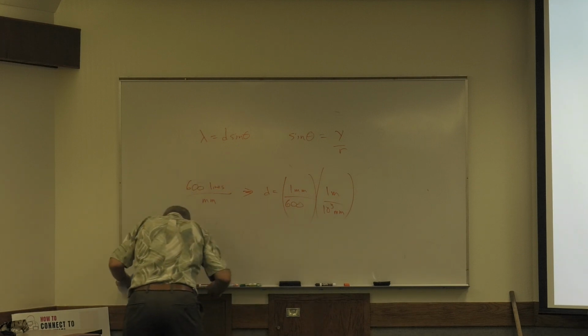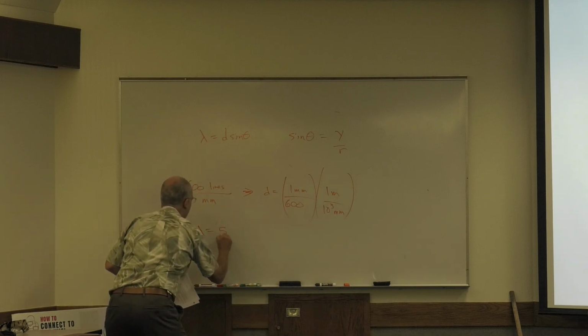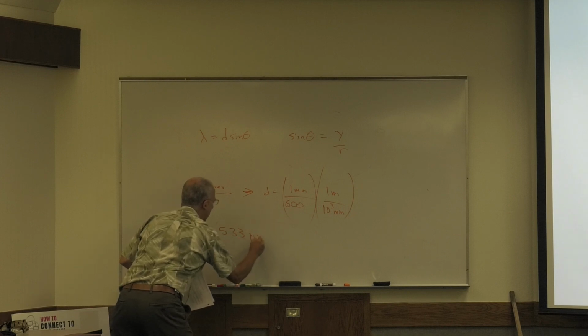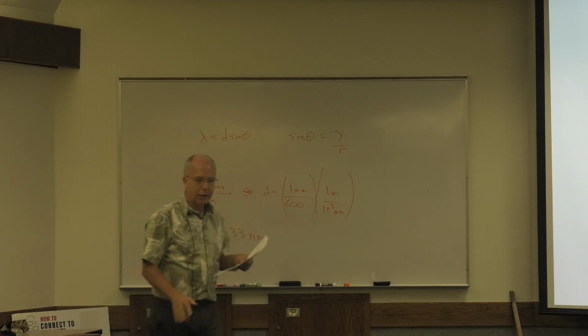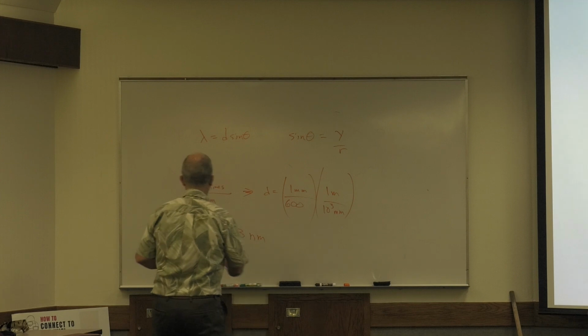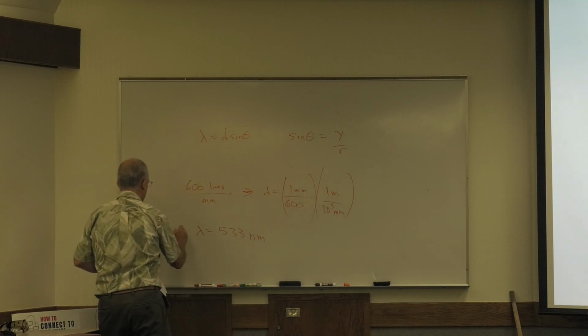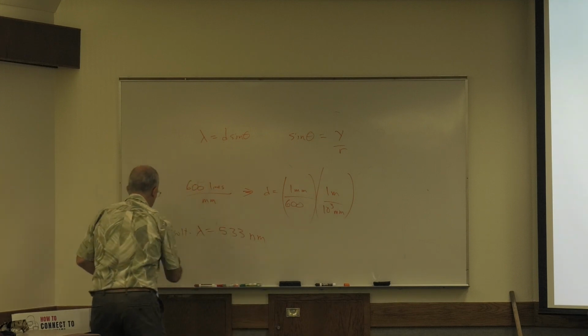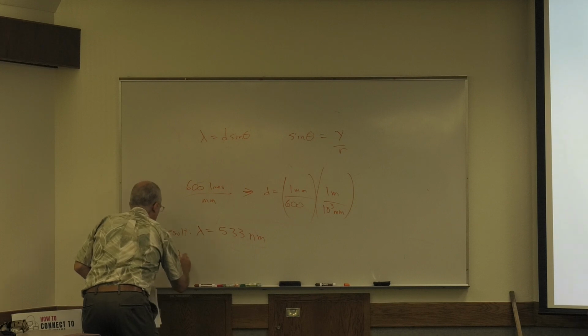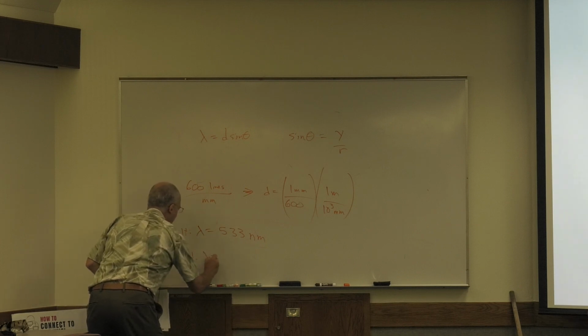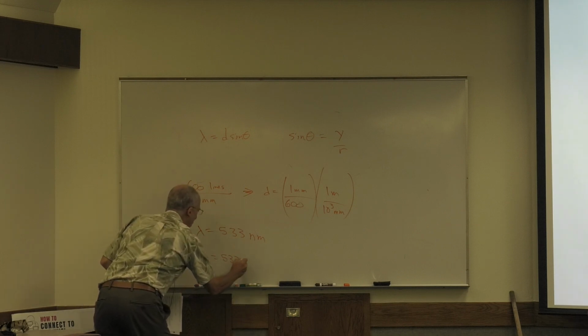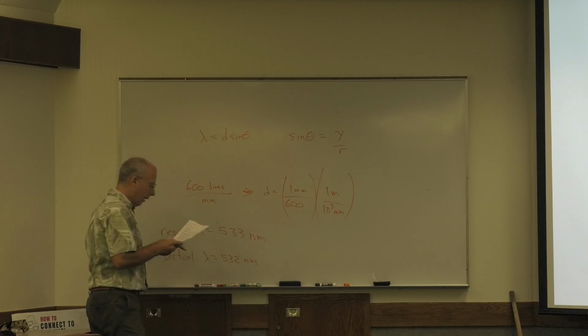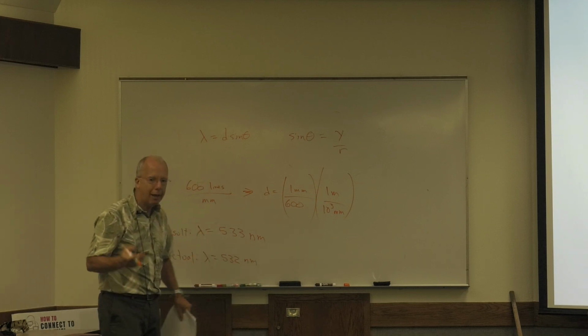And the last time we did this, we got 533 nanometers. So this is our result, right? Then you look at the laser pointer, and the actual is lambda equals 532 nanometers. So that's 0.2% error.